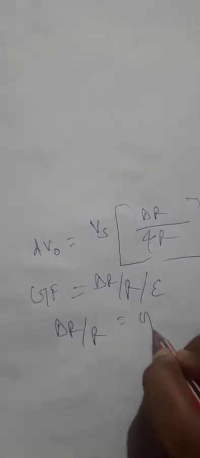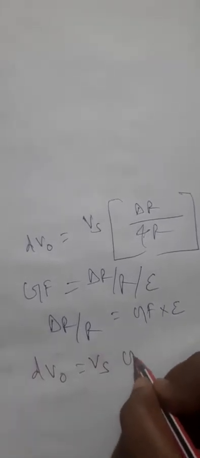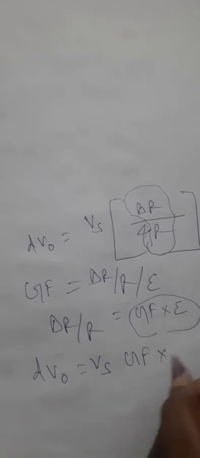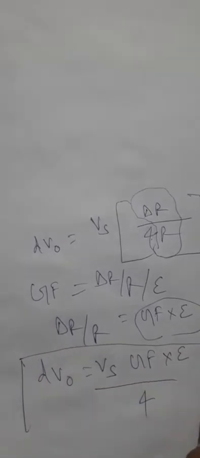So delta R by R is the gauge factor into strain. So dV0 equals V supply into the gauge factor into strain divided by 4. So this is the final equation.